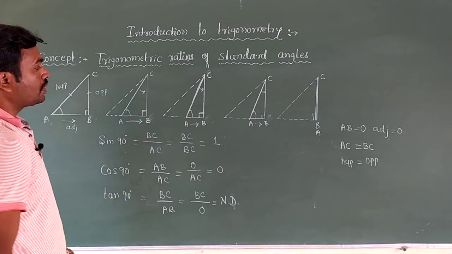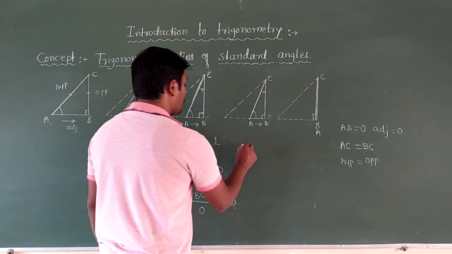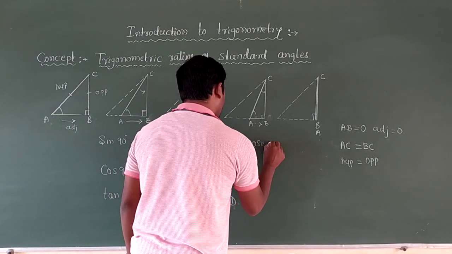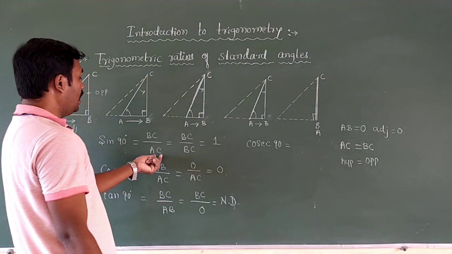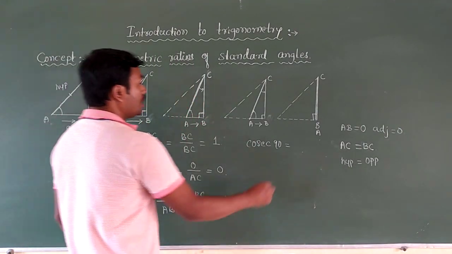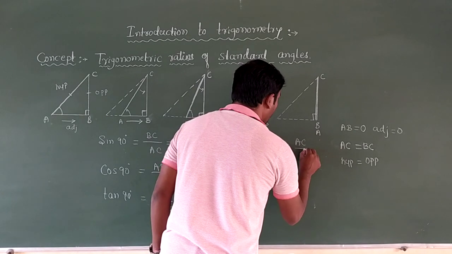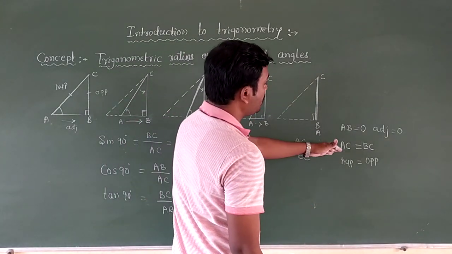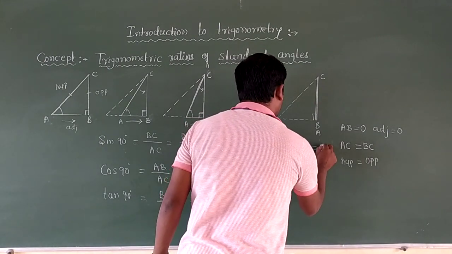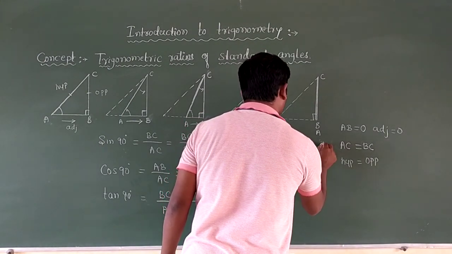Take the reciprocal of all these, we will get the next three. Cosec 90 is AC by BC, which remains the same, it becomes 1.